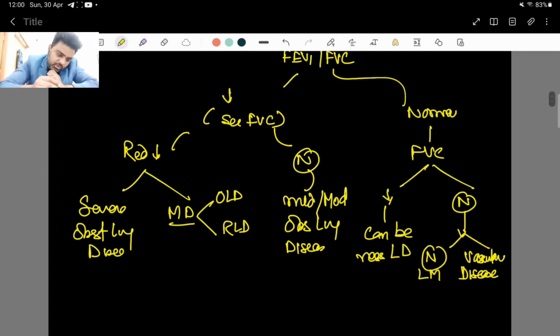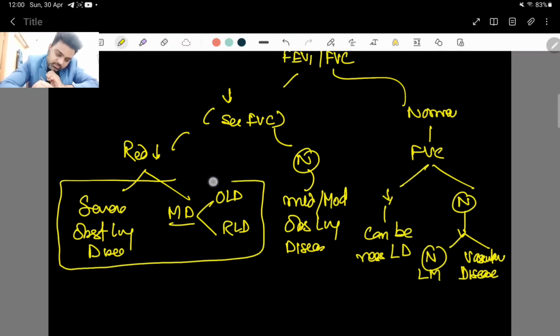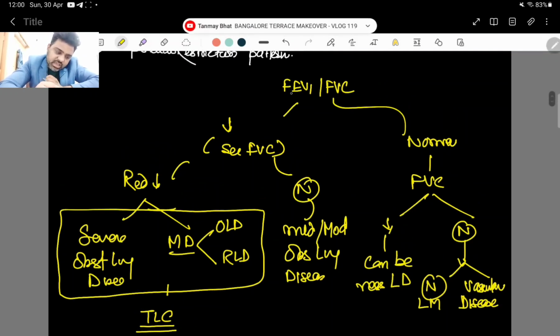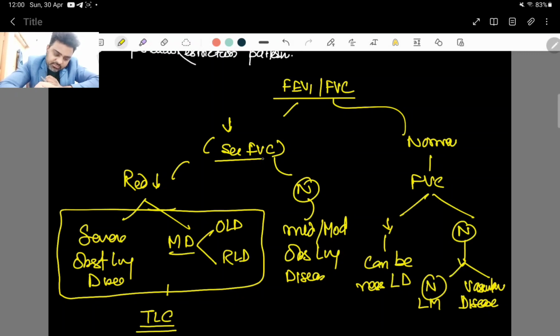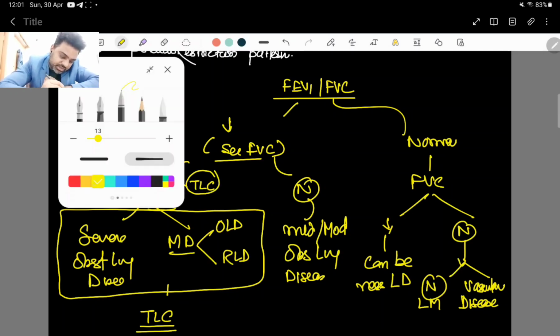Now we will add TLC to it, that is not total leukocyte count, that is total lung capacity. Now, how will you differentiate between these two? For differentiating these two, you will see total lung capacity, and in cases of obstructive lung disease, total lung capacity increases. So if you see FEV1 by FVC is decreased, and FVC is reduced, the next step is TLC, that is total lung capacity.